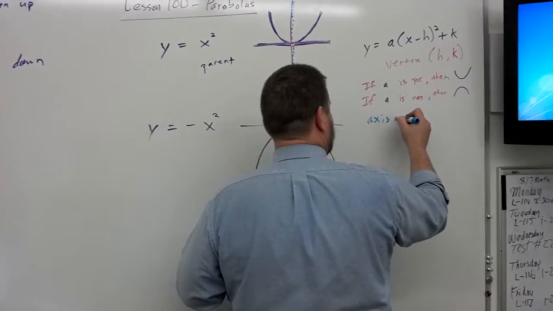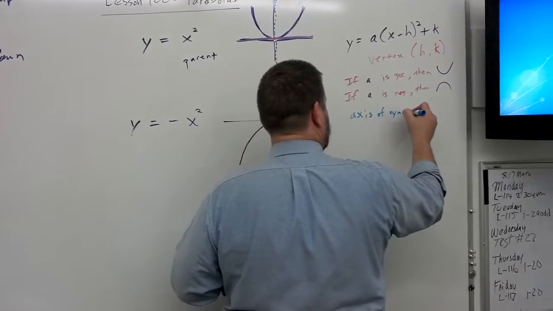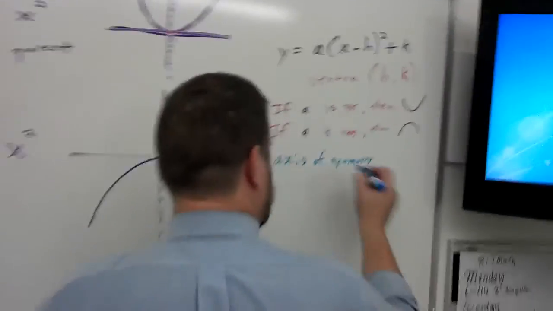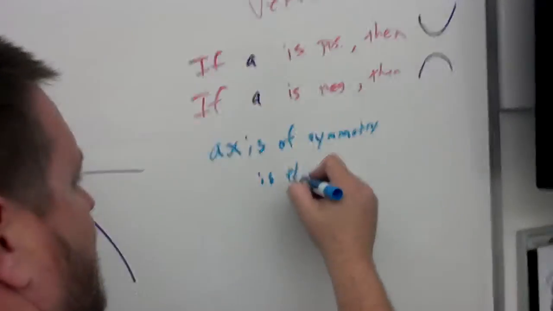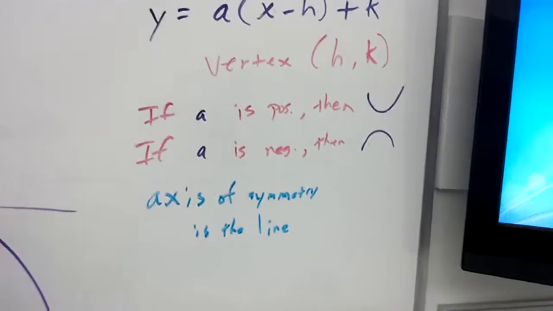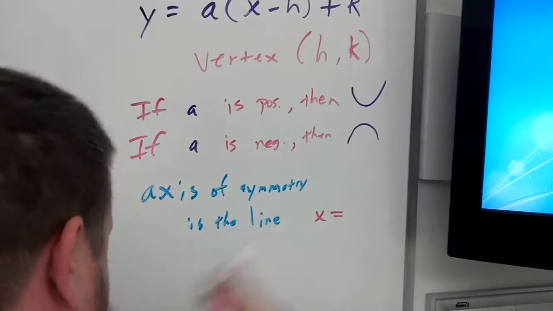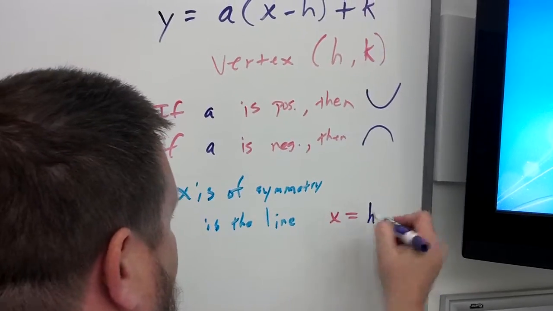So the axis of symmetry is the line x equals h.